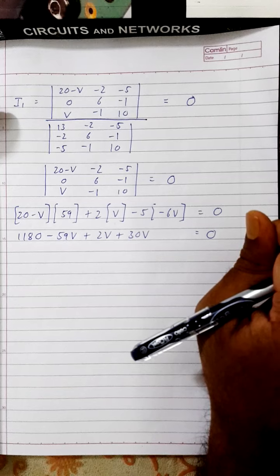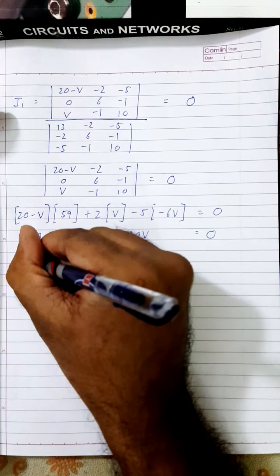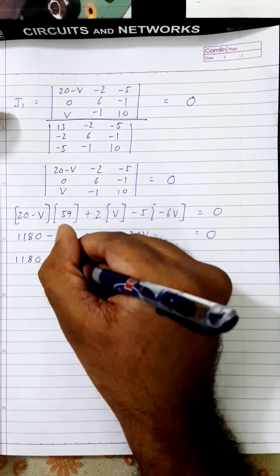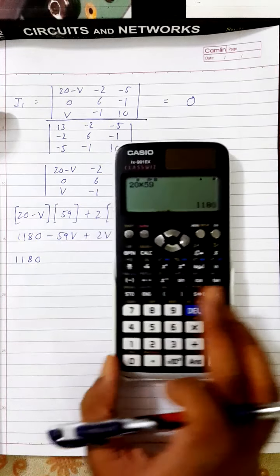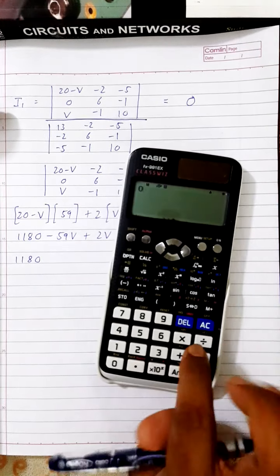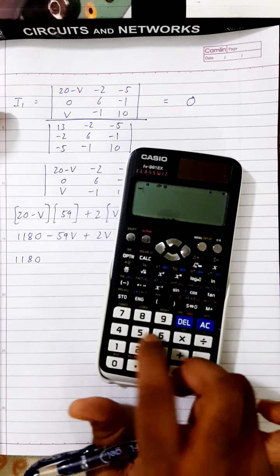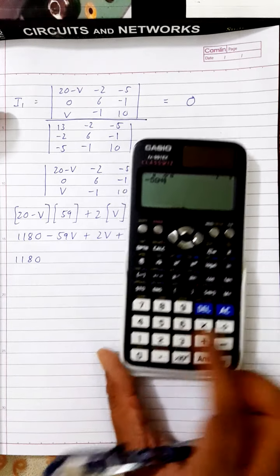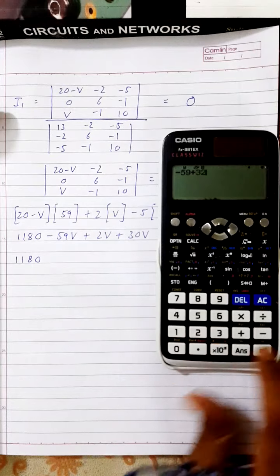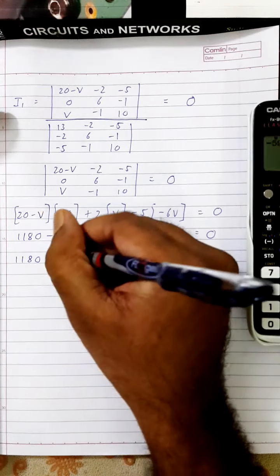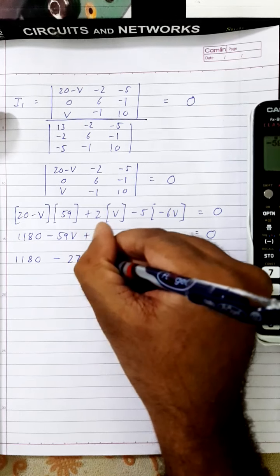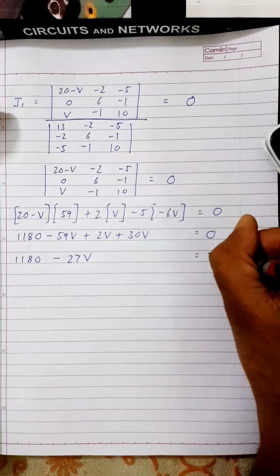Or in other words, 1180, and here we have, let me see, what is minus 59 plus 32, is minus 27. So we have minus 27V is equal to 0.